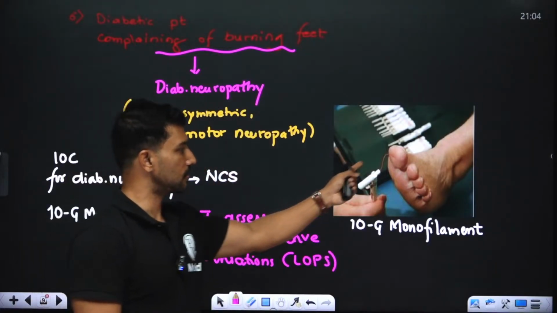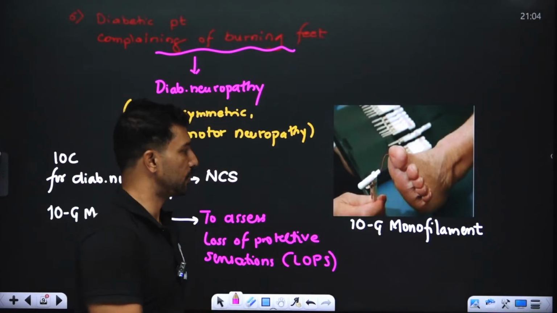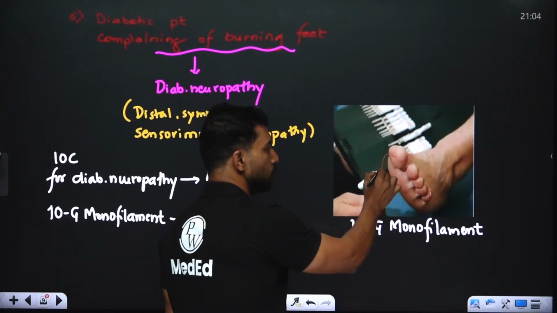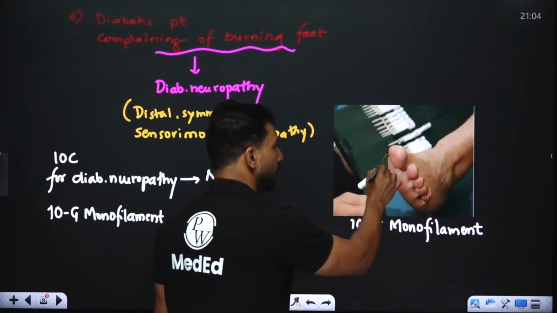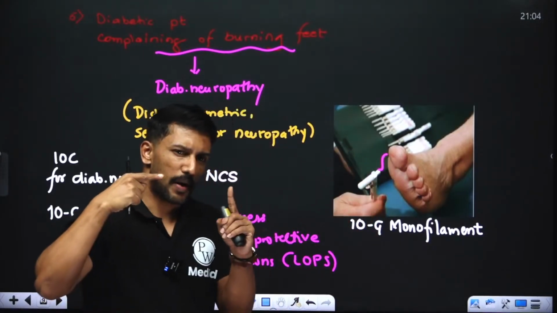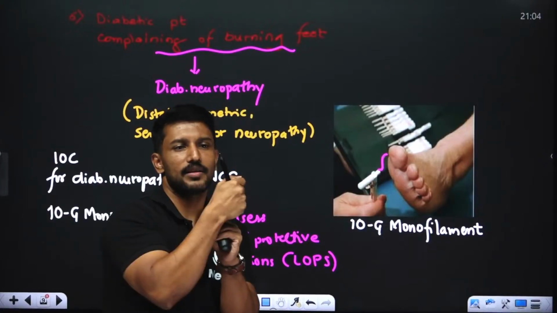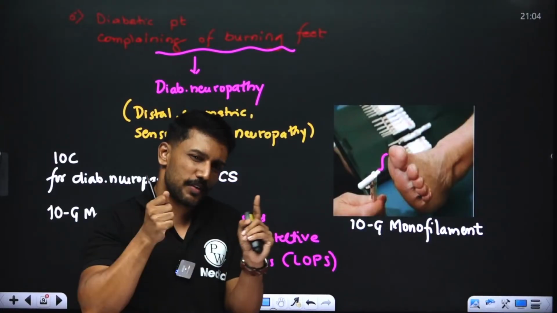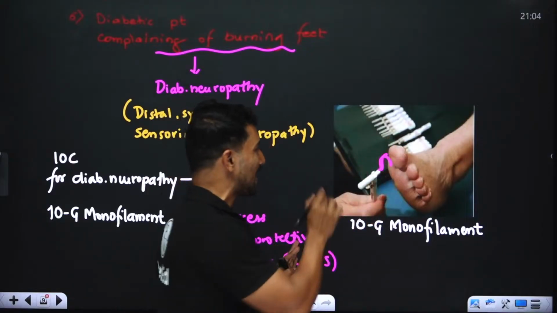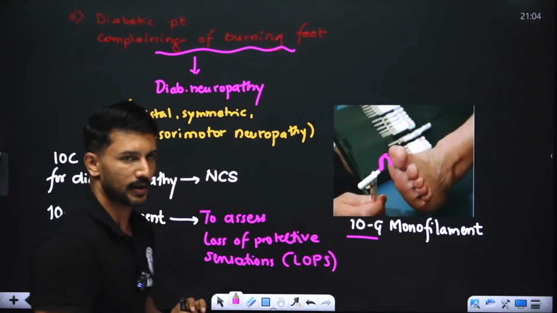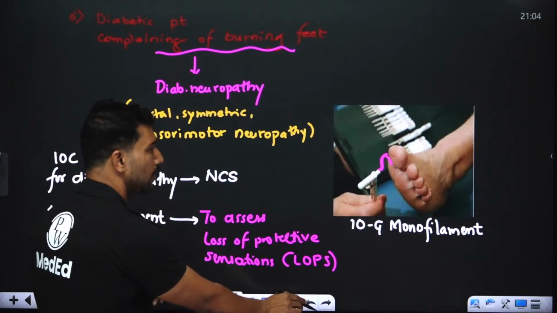So when I touch this filament, it is called a 10-gram monofilament because when it touches, as you see here, it is not going to maintain a stiff condition. It bends. When it has passed 10 gram of force, after that it bends. It cannot pass any more force. Even if you try to press, it will go on buckling. It will not transfer more. So it exerts 10 gram of force. That's why it is called the 10-gram monofilament.